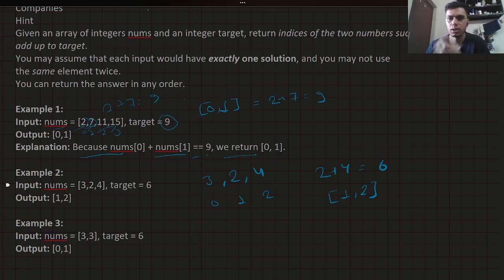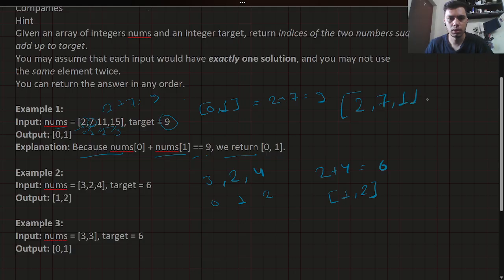We have 2, 7, 11, and 15, then we make two pointers i and j, and make a for loop for that, a for loop for i, and i starts with 0.